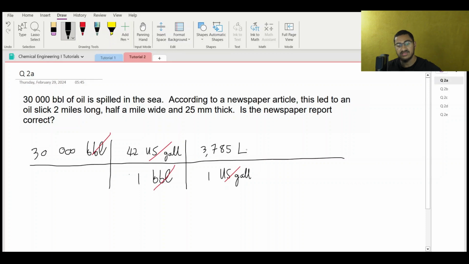3.785 liters. Now I'm in a bit more comfortable territory because I understand the unit liters. I can visualize what that means. So after canceling out all my units, I'm left with just liters at the top.